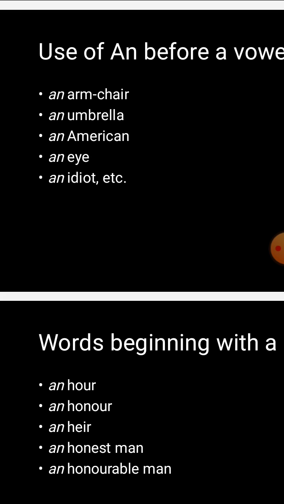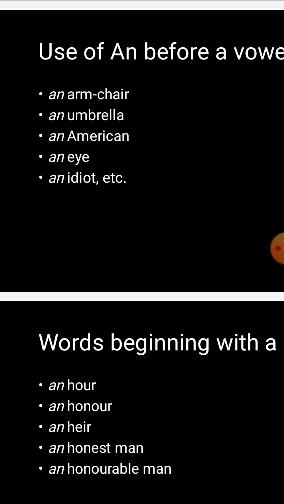Another thing we have to be very clear, a and an mean one when you are referring to a singular object. Singular. A means one, an means one.